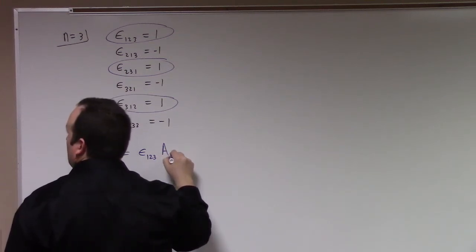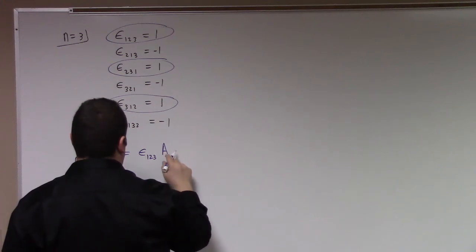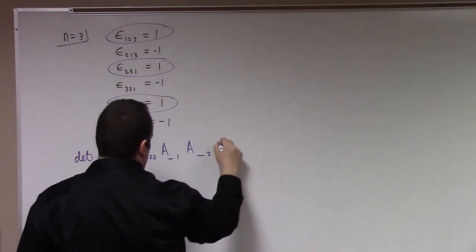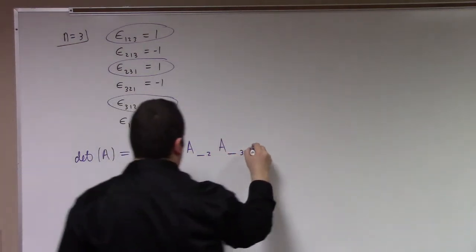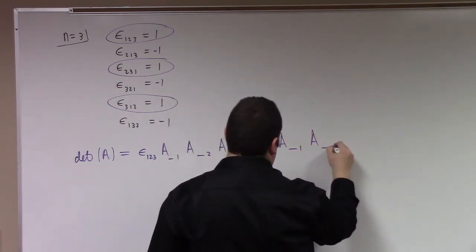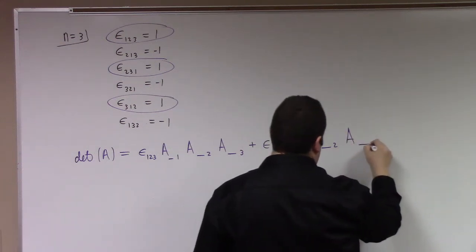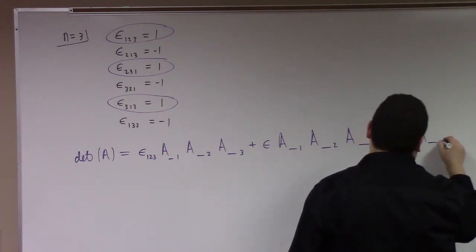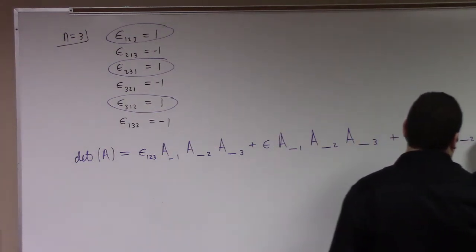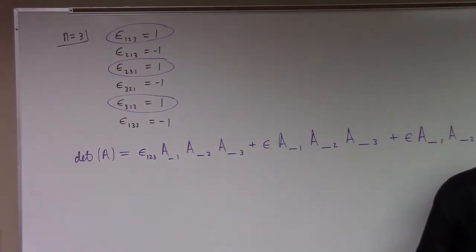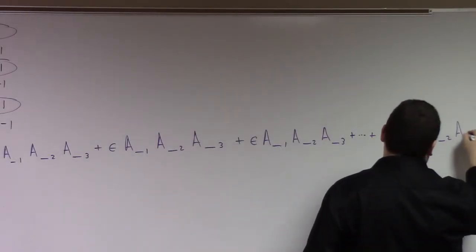So we're always doing epsilon, A fill in the gap 1, A fill in the gap 2, A fill in the gap 3, plus epsilon, A fill in the gap 1, A fill in the gap 2, A fill in the gap 3, and so on. I'm getting tired of this. Dot, dot, dot. Plus epsilon, A fill in the gap 1, A fill in the gap 2, A fill in the gap 3.